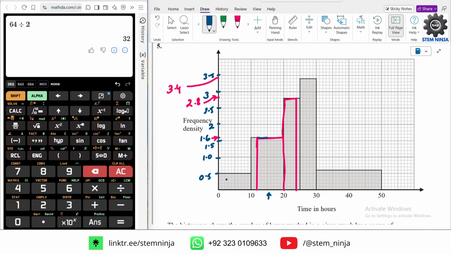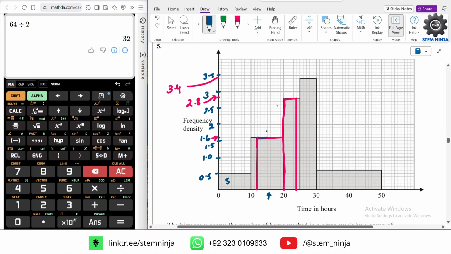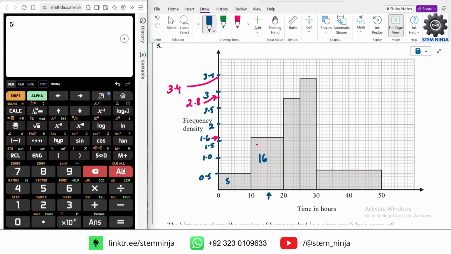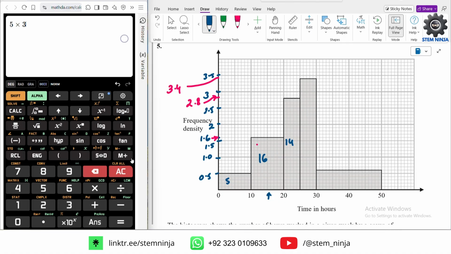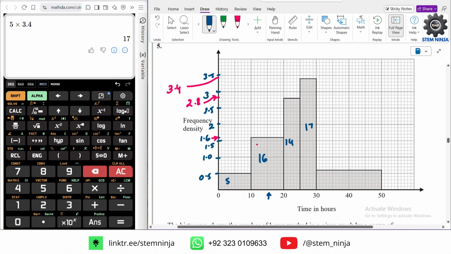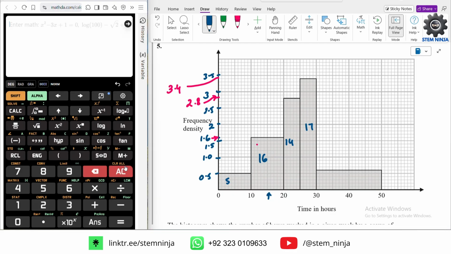So 10 times by 0.5, this is 5. We can delete this now. So 10 times by 1.6, 16. 5 times by 2.8, 14. 5 times by 3.4, 17. So 32, let's see, 5 plus 16 plus 14, this is 35.